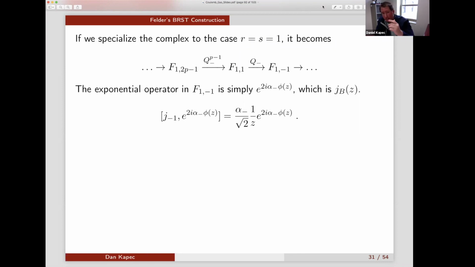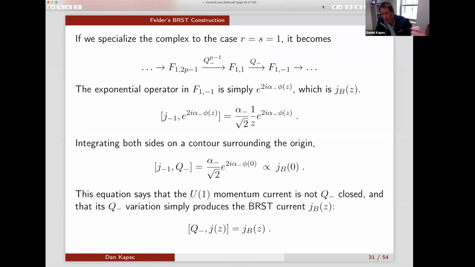Okay, so you know how current algebra acts on the exponential operators for j-1, you just have a 1 by z on the right-hand side. So if you integrate that formula on a contour surrounding the origin, you get a formula that says that the Q variation of the U1 current is the BRST current. Okay, and that's good because the minimal model does not have a current in its spectrum, so it had better be that it was either not Q closed or Q exact. What this says is that the BRST current is Q exact and the U1 current is not closed.